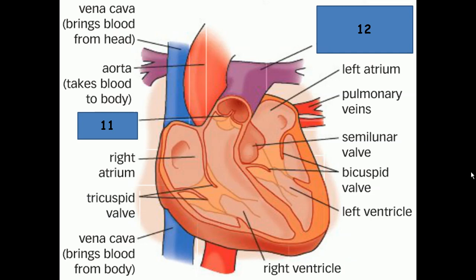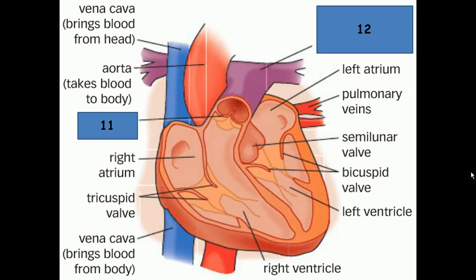Goes to the right ventricle, and then for blood to leave the heart, obviously it's carrying blood away from the heart, so it's an artery and it's going to the lungs, so it will be pulmonary artery, but it has to go through a valve first to leave the heart.